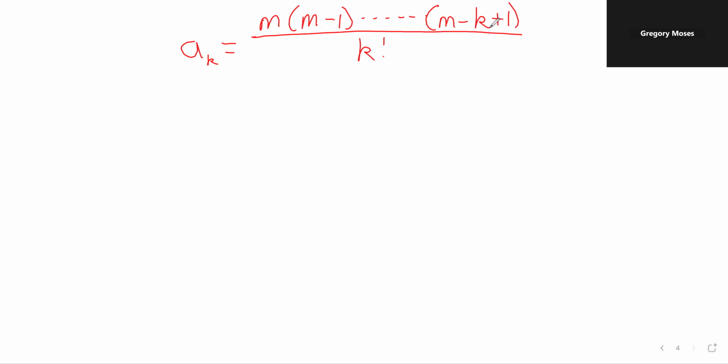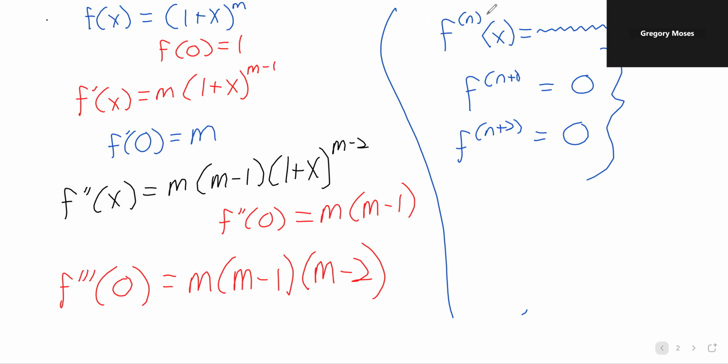Let's talk about this a little. In particular, let's make sure we're all on the same page about that plus 1. You see, when we're finding A sub 2, when we're taking the second derivative, we get to m minus 1. When we're finding A sub 3, when we're taking the third derivative, we get to m minus 2.